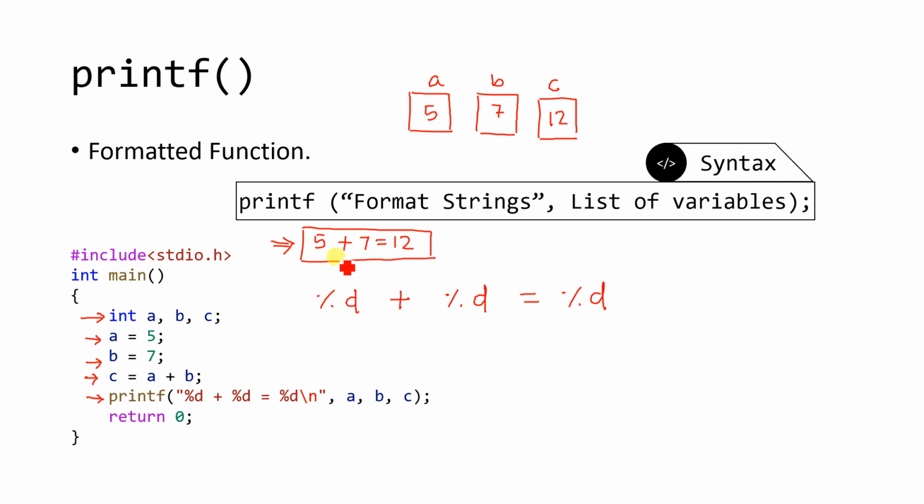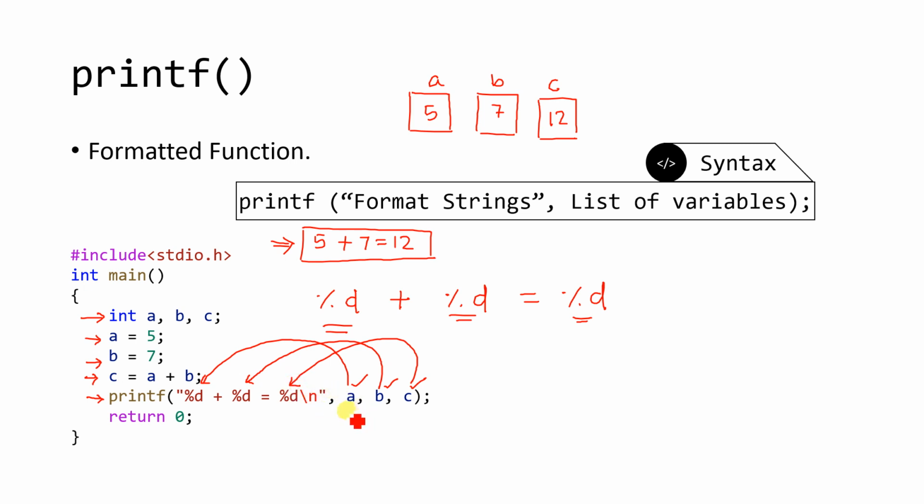So I need to specify in this sequence only, and the first %d must work as the placeholder for a, the second %d as the placeholder for b, and the third %d as the placeholder for c. That means when this line gets executed by the compiler, the value of a will be replaced at the first %d, the value of b at the second %d, and the value of c at the third %d.